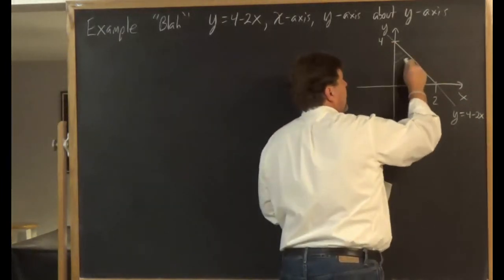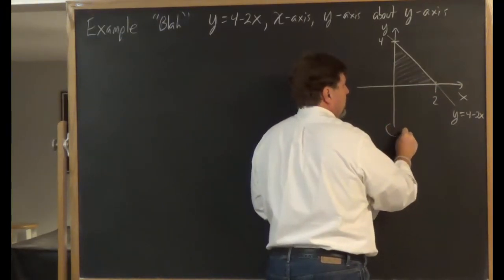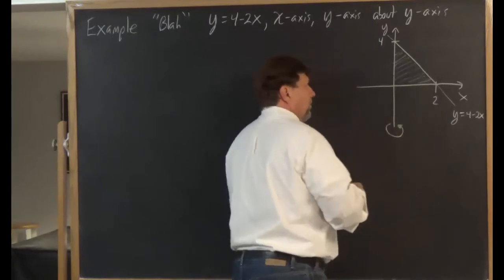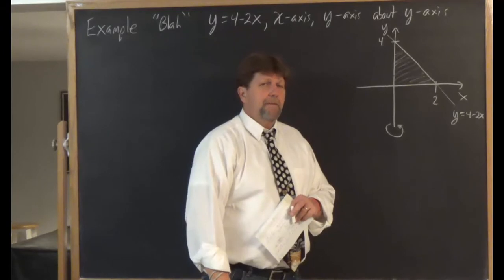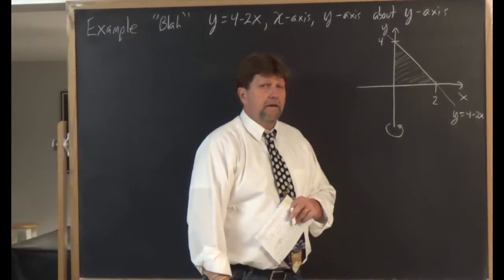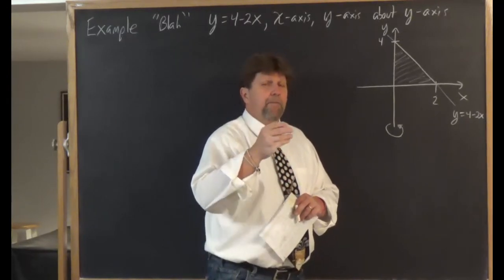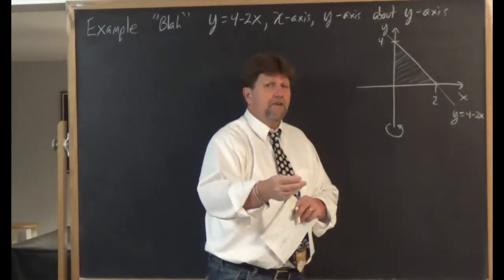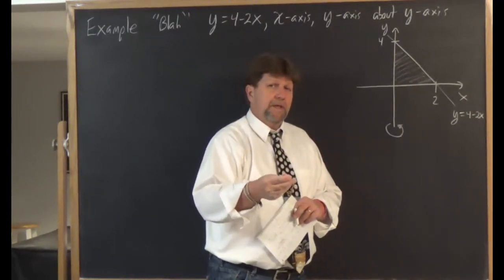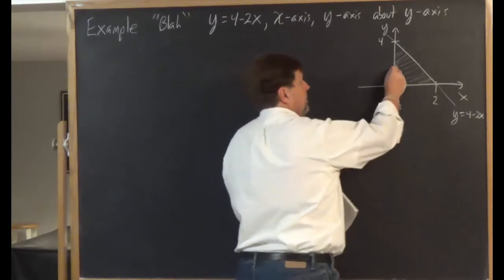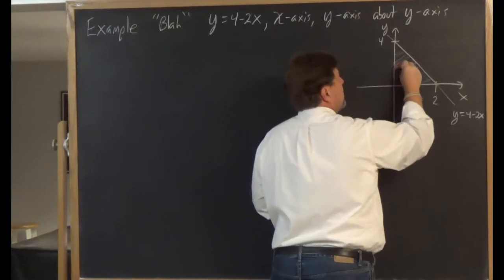So it's this region right here that's going to get revolved about the y-axis. In order to use the disk method, the rectangle that would be perpendicular to and touching the axis of revolution would be a horizontal representative rectangle. So here's the horizontal representative rectangle.